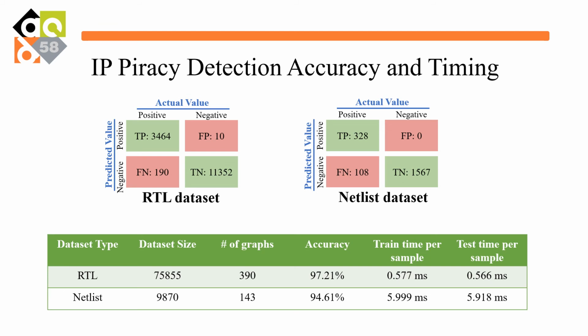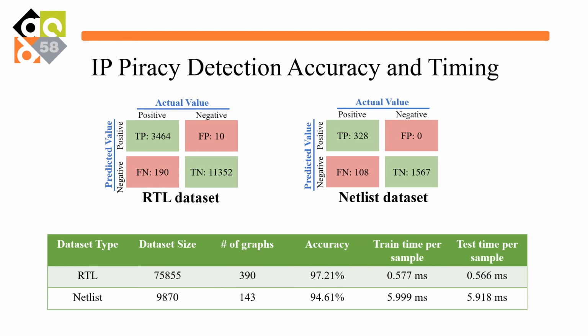We also calculate accuracy as the evaluation metric, and it represents the ratio of correctly labeled samples to all data. Here you can see that we are able to detect IP piracy with very high accuracy, and the timing for each sample shows that the detection process is fast and scalable for large graphs as well.